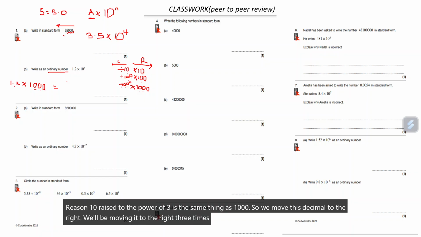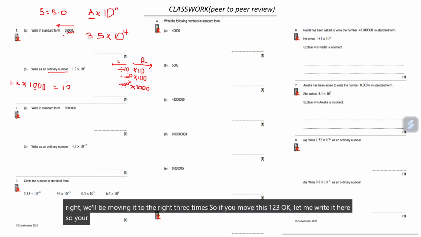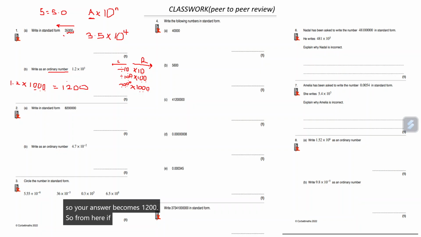So if you move this 1, 2, 3, your answer becomes 1200. So 1.2 times 1000 will give us 1200.